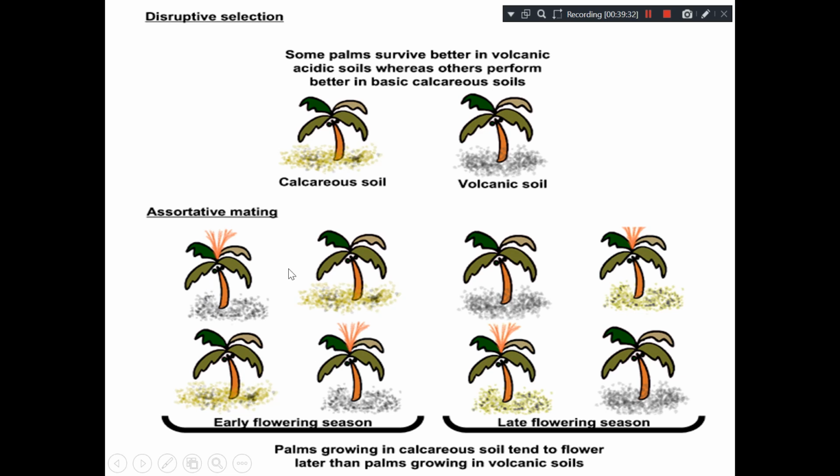But whereas in the other area, especially in the calcareous soil, the plants growing tend to flower later than the palms growing in the volcanic soil. So this will take more time to grow, whereas the volcanic soil will take less time.